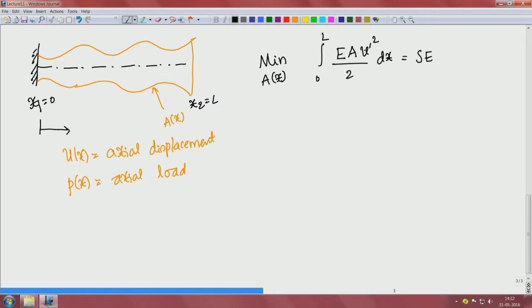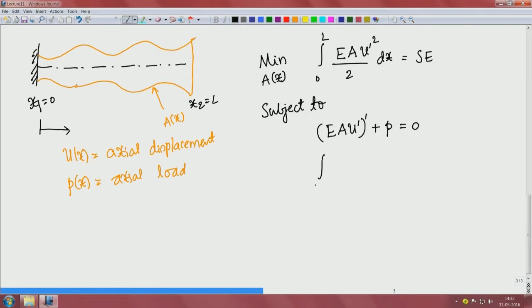Now, U prime we said is a state variable. A state variable should be governed by a governing equation, which we had derived in the last lecture. So, subject to, we have this E A U prime prime that came from the Euler-Lagrange equation, plus P is equal to 0, and we also had a volume constraint.